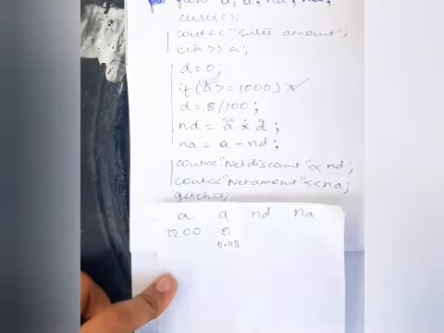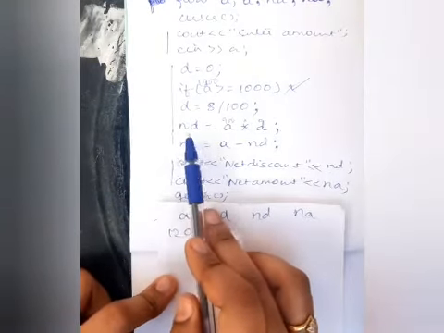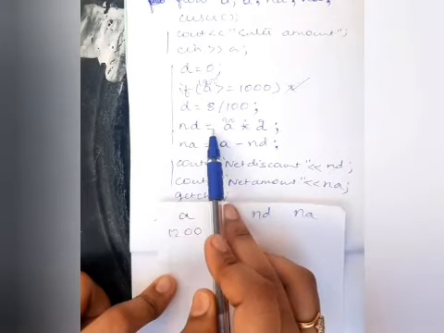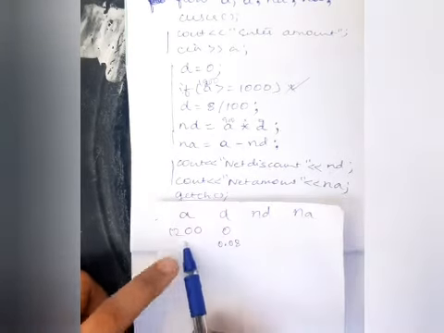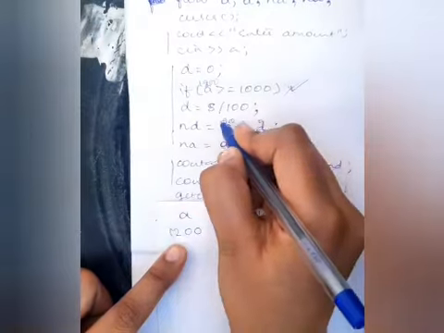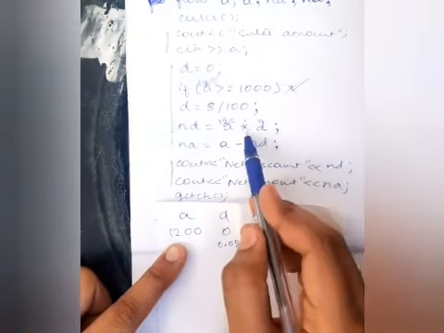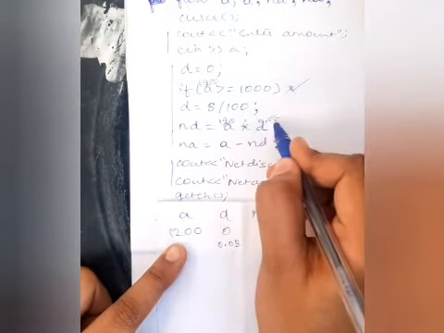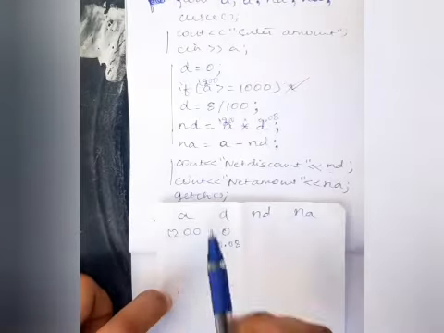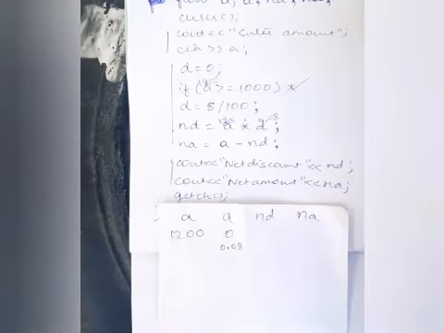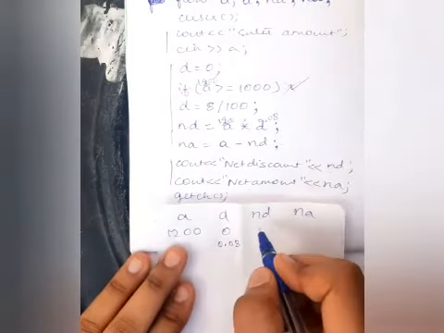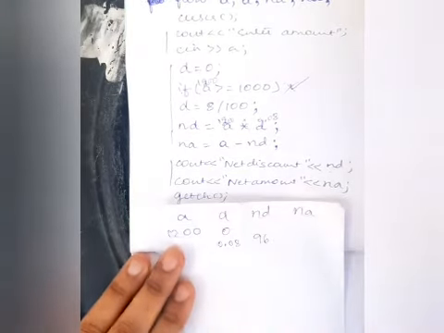Now calculate the next one. ND, that is net discount, is equals to A into D. What is the A value? That is 1200. So 1200 into 0.08. Calculate the amount. 1200 into 0.08, the discount amount is what? 96.